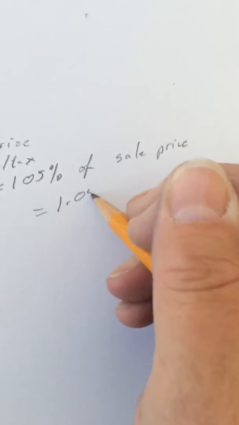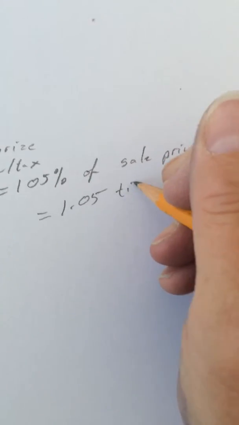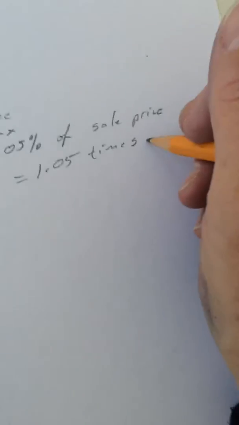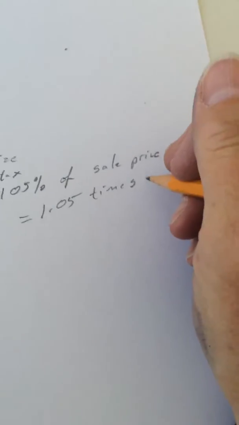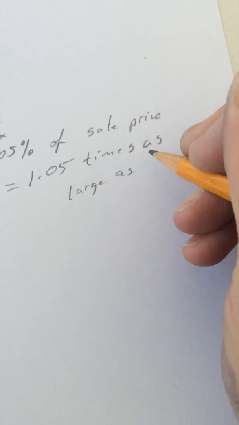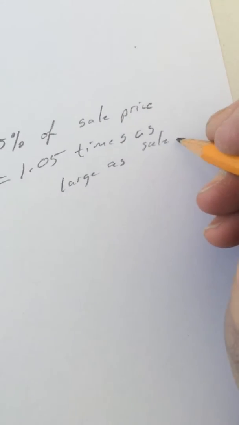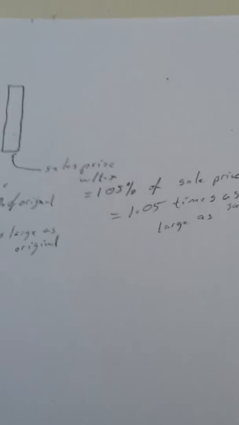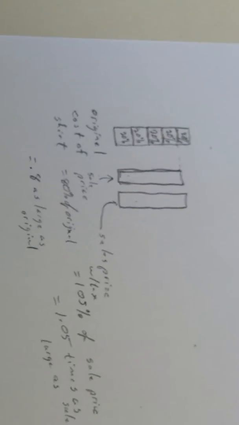Or I can say it is 1.05 times as large as the sale price. All right, I'm going to back up a little bit so you can see all of that at once, hopefully. Okay? So how's that?